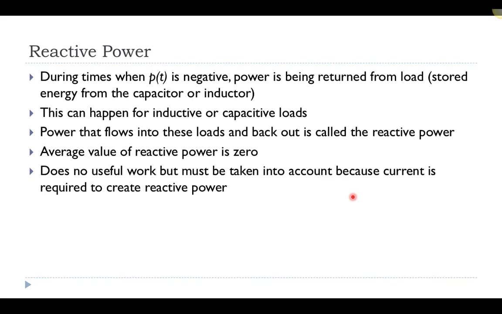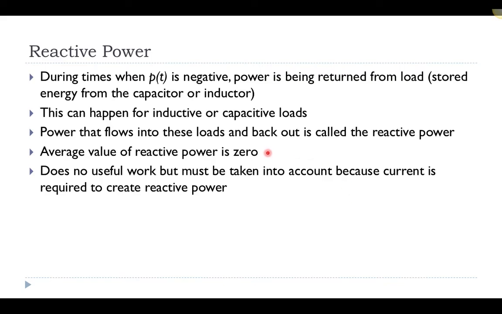It's the same thing that's true for an AC source. If that source is charging up the capacitor, then you can have a situation where the capacitor discharges and provides that energy back to the source again. This is called reactive power, because over one cycle, the average of that is going to end up being zero, but we still have to account for it, and we'll see how that works out.